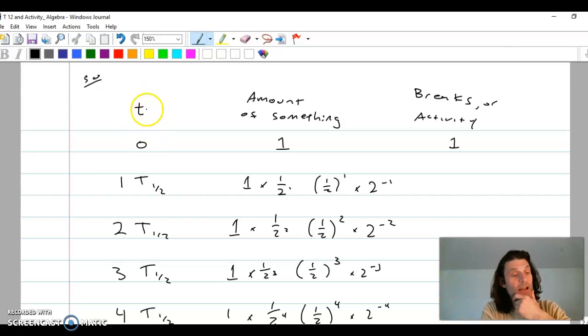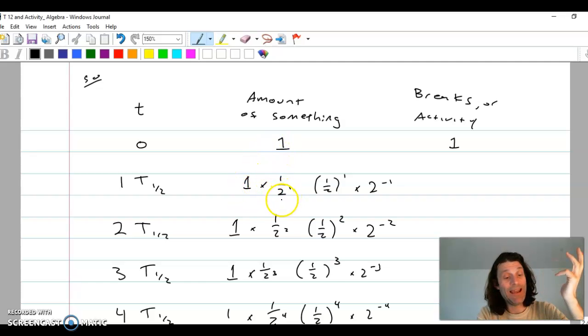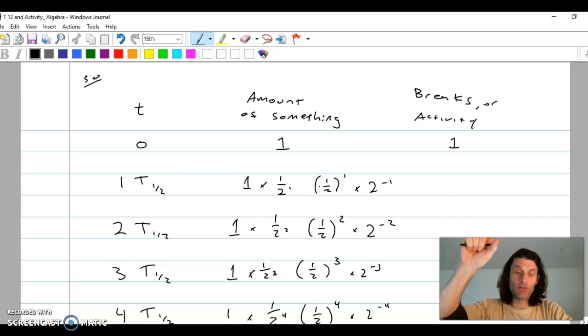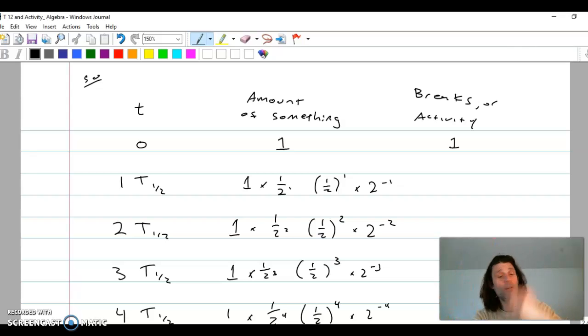If I come back at a time that is 1 half-life later, then how much of that something will I have left? Well, all I got to do is take that original amount, multiply it by 1/2, which is 1 over 2 to the 1. Or you can write it as multiply it by 1/2 to the first power. Or you could write it as multiplying it by 2 to the negative 1. It doesn't matter. All of those are synonymous.